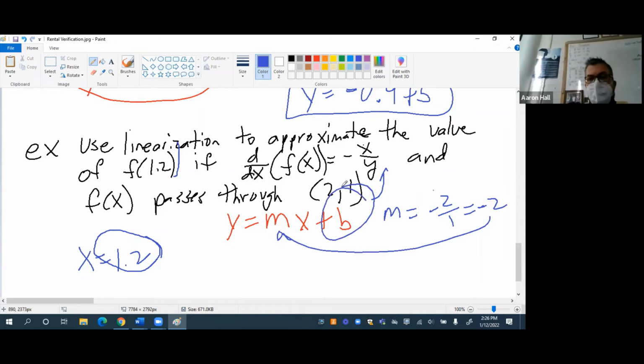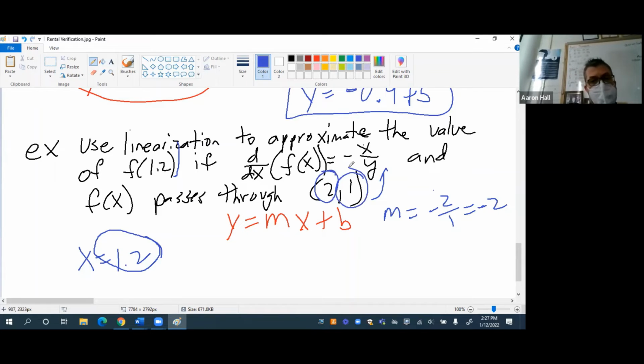How do I find my b value? You plug in what? Plug in this x value?